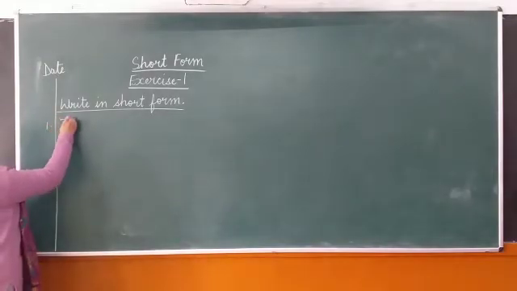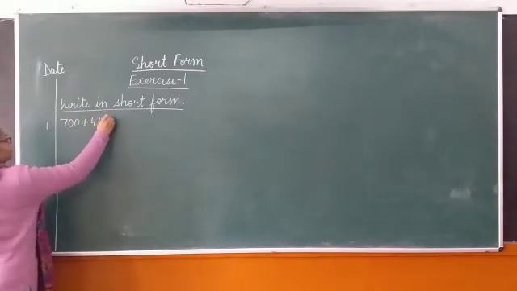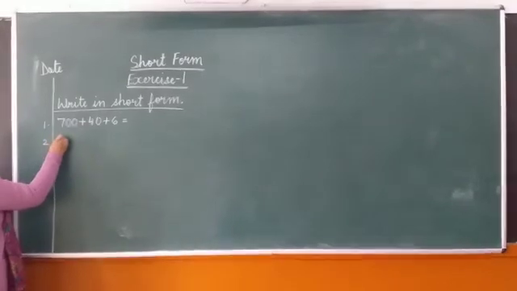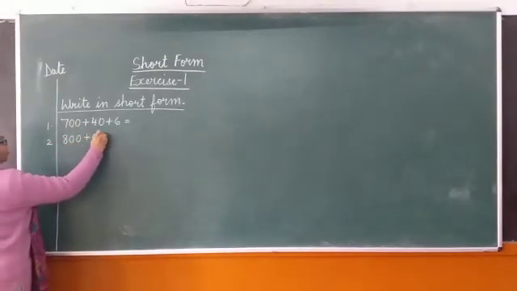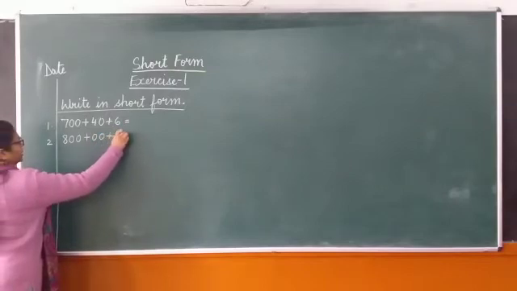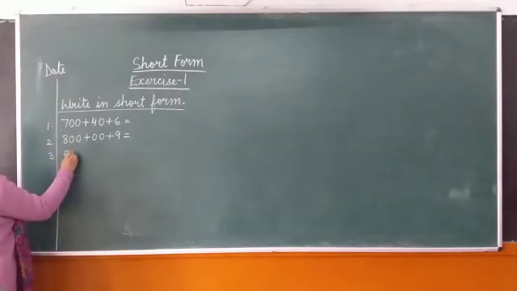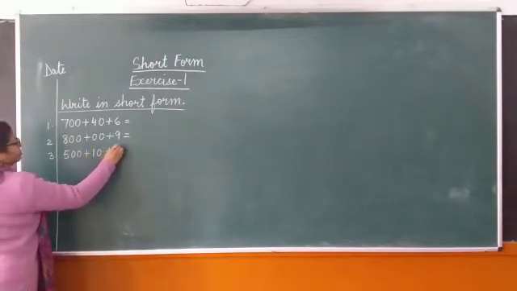First one is 700 plus 40 plus 6. Second one is 800 plus 00 plus 9. Third one is 500 plus 10 plus 5.